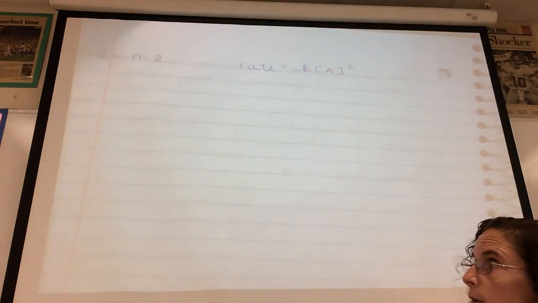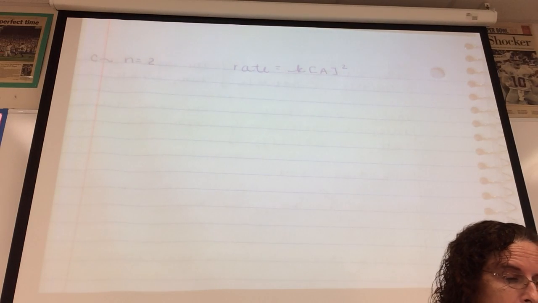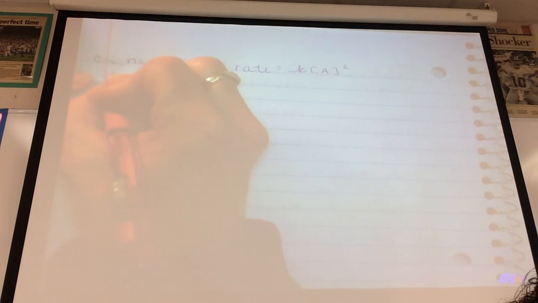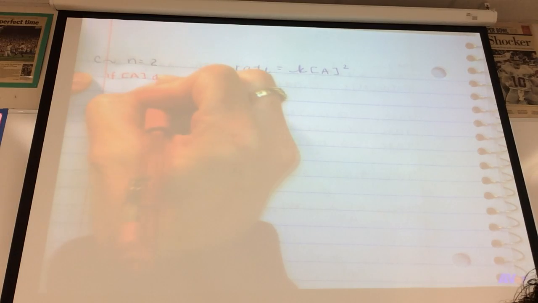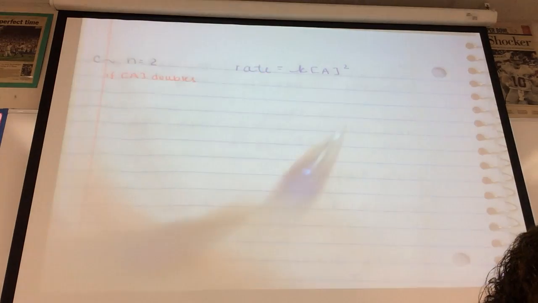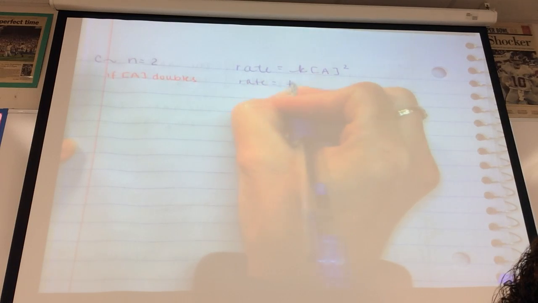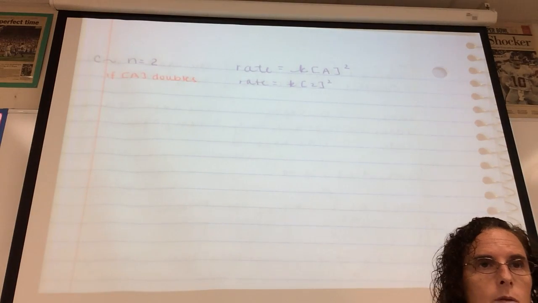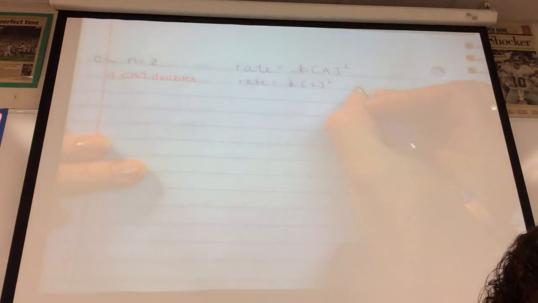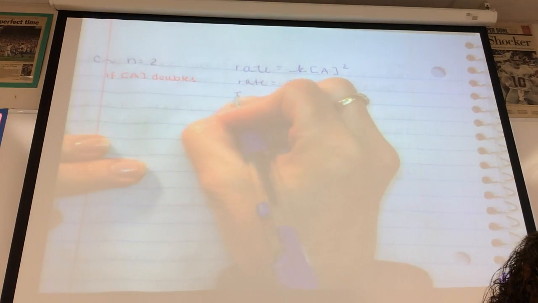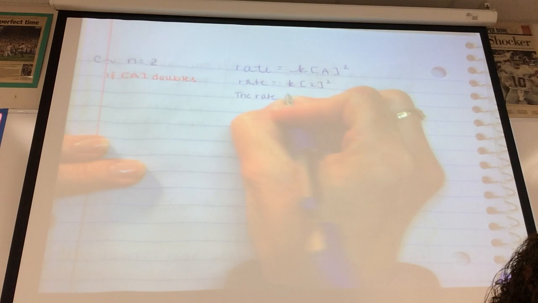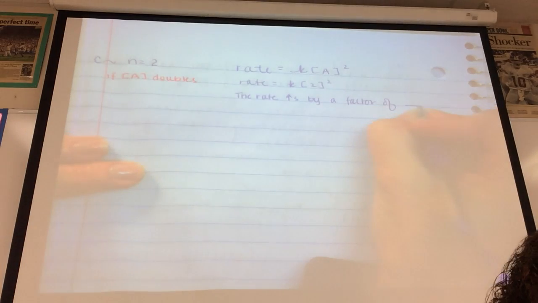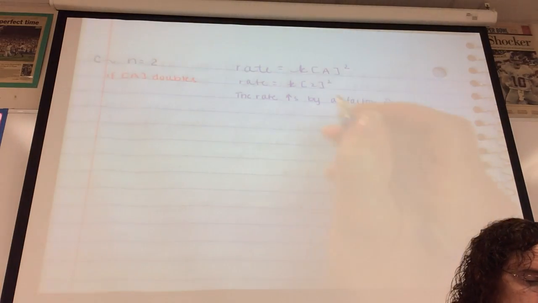That's second order with respect to A. Let's say if the concentration of A doubles, we've got rate is equal to K. 2 squared is 4. So the rate would increase by what factor? Four. 2 squared is 4.